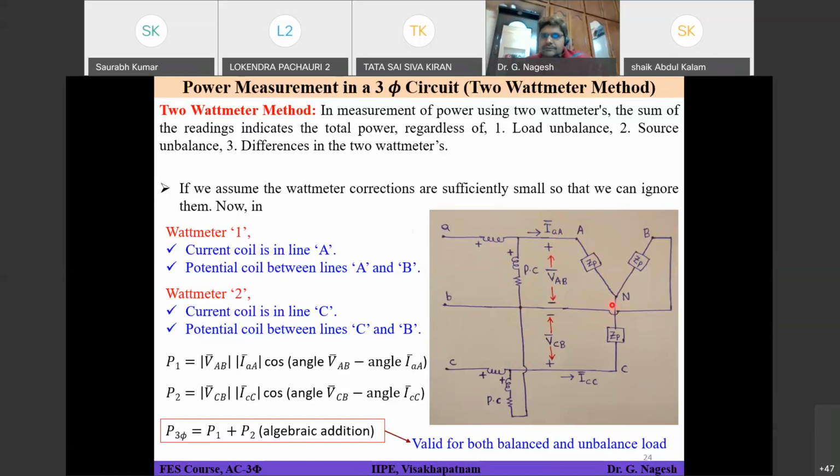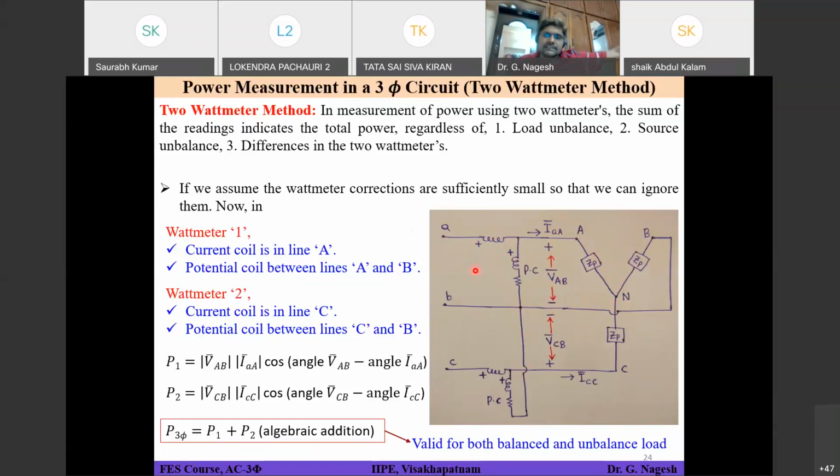That is the reason why you connect the potential coil between 2 lines, A and B, and the current flowing in one current coil is proportional to one line current. So this is a different method where, using 2 wattmeters, I am trying to measure 3 phase power.